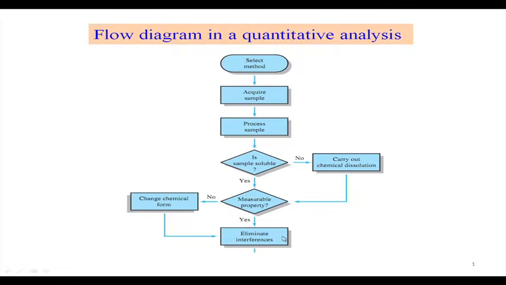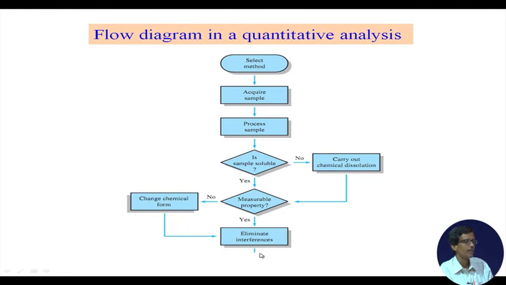Those can also interfere with the corresponding estimation. That means they can react with the DMG. It may not give the same color, but it can consume some amount of DMG. So, that will interfere with our measurement. All these interferences we have to eliminate, then only can we determine that only nickel DMG is estimated for our analysis.